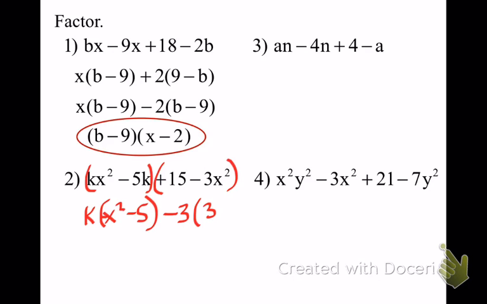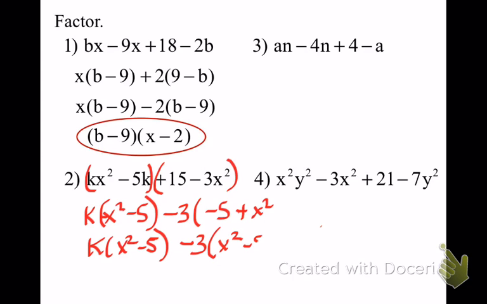How about if I just go right away to dividing a 3? If I divide it by negative 3, I'm left with negative 5 plus x squared. And I turn that around, I've got k times x squared minus 5 minus 3 times x squared minus 5, and now they're the same. We get x squared minus 5 times k minus 3.